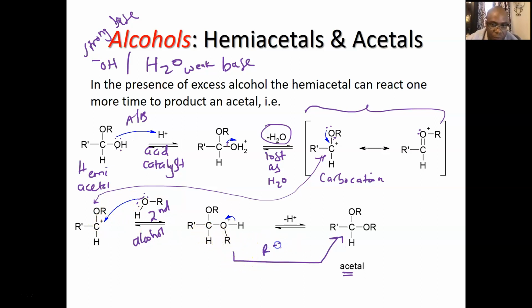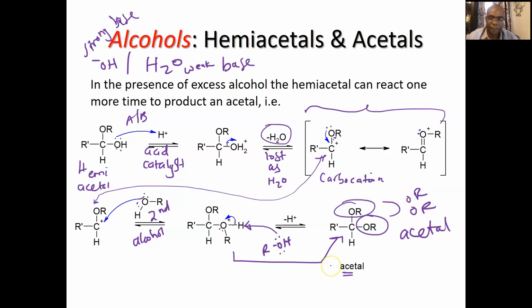So you do a proton transfer with another molecule of an alcohol, and then take out that hydrogen, use the 2 electrons that make this bond to neutralize the oxygen. Now you have OR, OR. So where you have 2 ORs, that's called an acetal. Right?